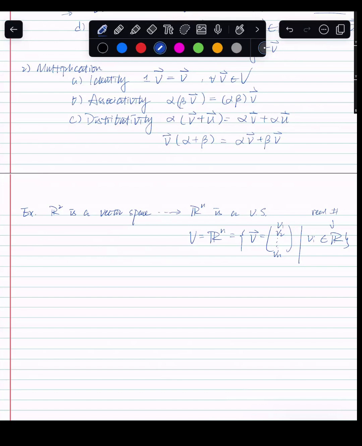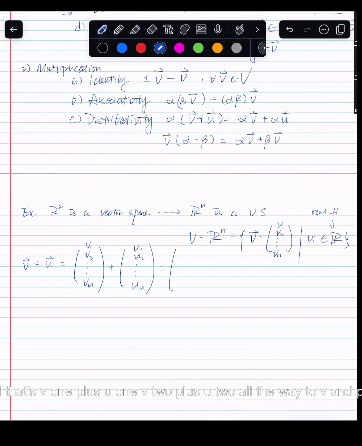Okay, so vector addition in Rn is just, if we have vector v plus vector u, then it's v1, v2, to vn plus u1, u2, all the way to un, and that's v1 plus u1, v2 plus u2, all the way to vn plus un.